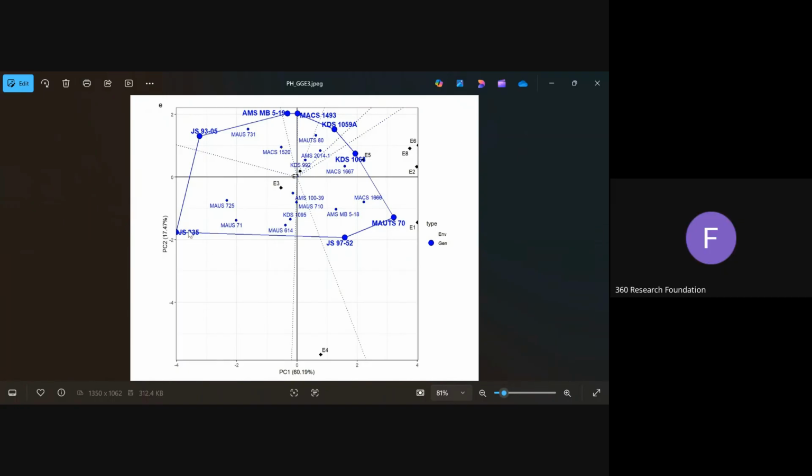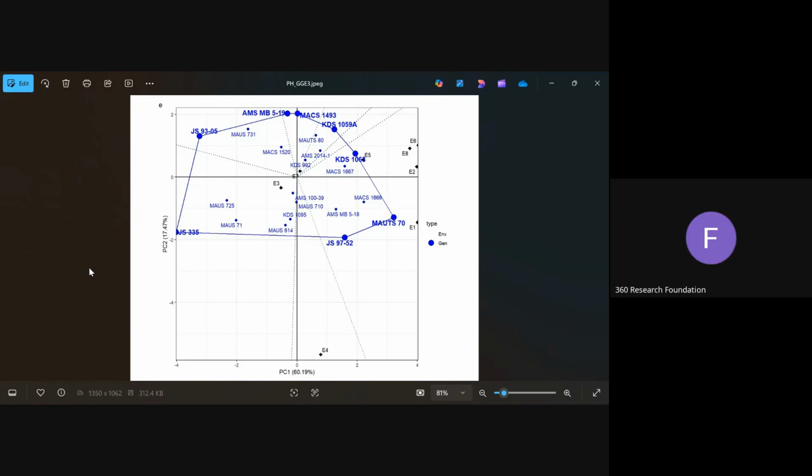So first of all, this view is called the polygon view, which includes all these genotypes like 9305, 9752. So what does it suggest? Anyone? These 8 genotypes are not stable across the environments.